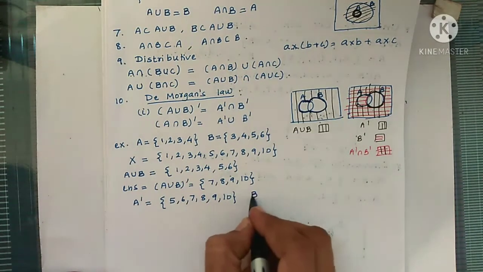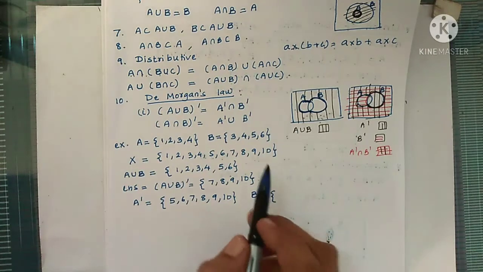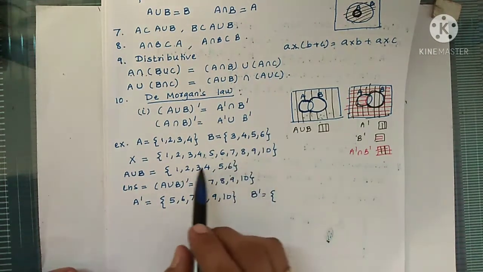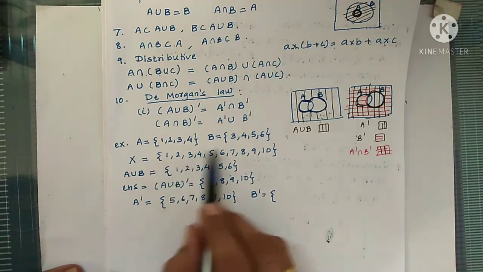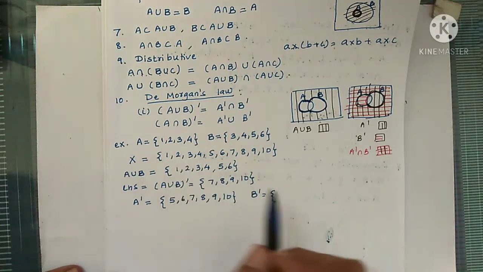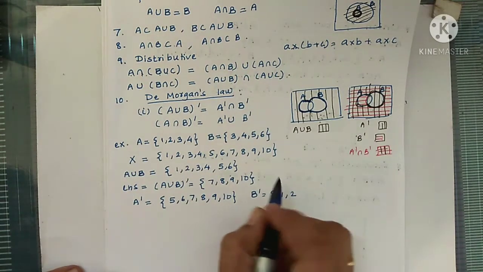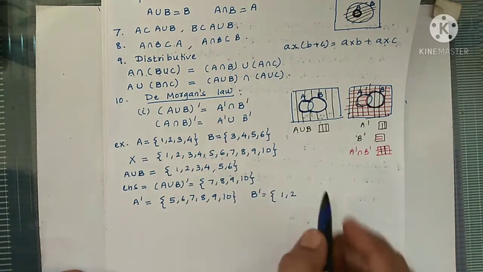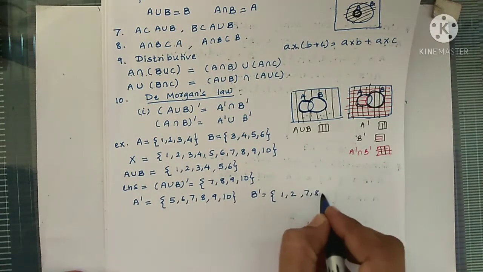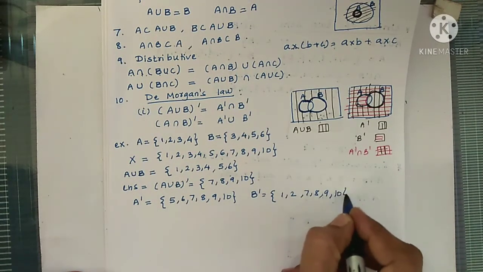Now let's write down B dash. B has the elements 3, 4, 5, 6, so we write the elements of X other than 3, 4, 5, 6. So 1, 2, and after that 7 up to 10: 7, 8, 9, 10.